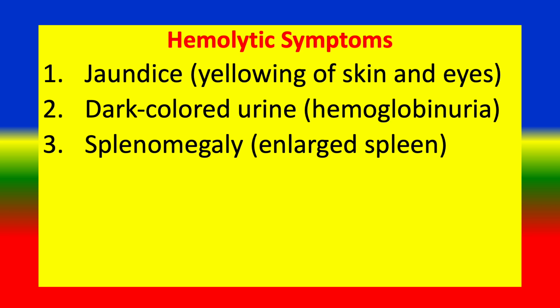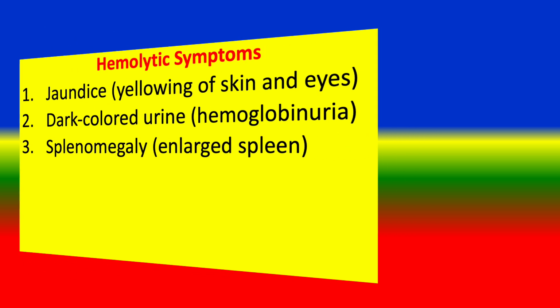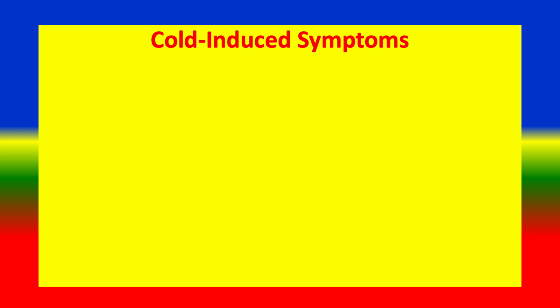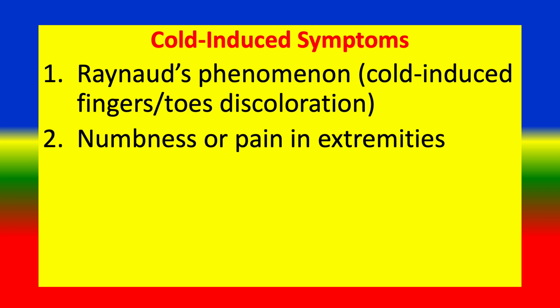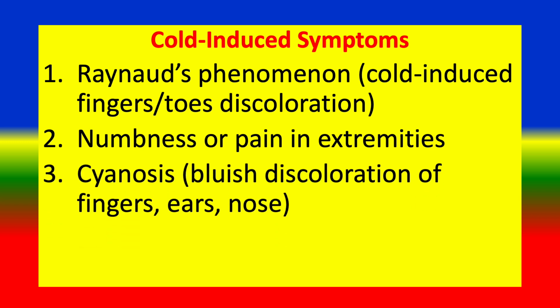Splenomegaly, enlarged spleen. Cold induced symptoms: 1. Raynaud's phenomenon, cold induced fingers, toes, discoloration, 2. Numbness or pain in extremities, 3. Cyanosis, bluish discoloration of fingers, ears, nose.